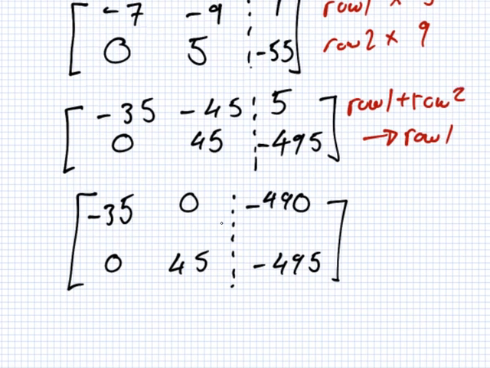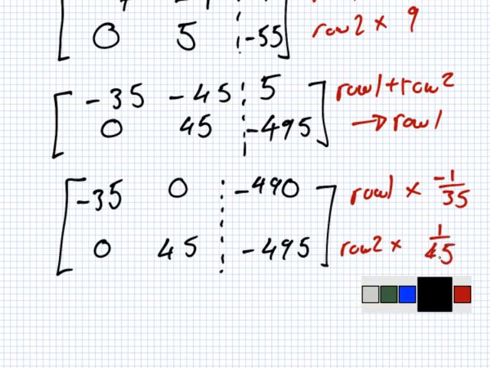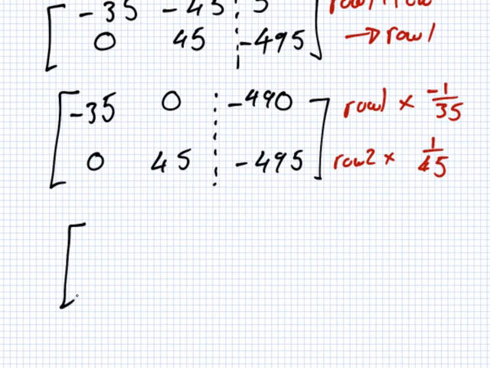Finally, I'll do row 1 multiplied by minus 1 over 35 and row 2 multiplied by 1 over 45. So then I'm left with 1, 0, and a number, please. Could someone tell me?